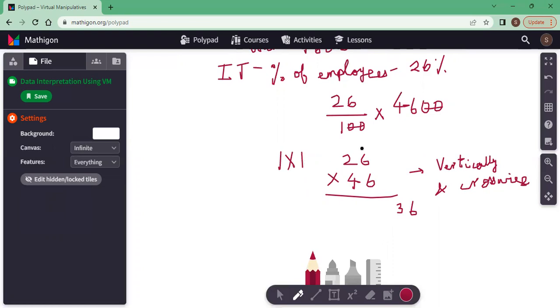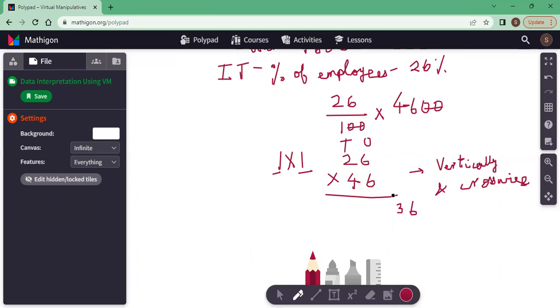We multiply the ones place digit and the tens place digit, which is the vertical multiplication. Now this is crosswise multiplication, that is, tens place of one number and ones place of another number are multiplied and added. So now I'm going to do this step by step.